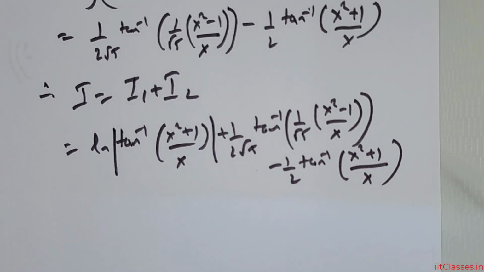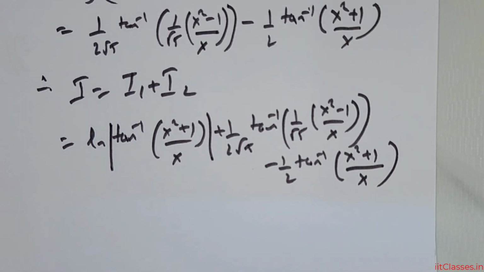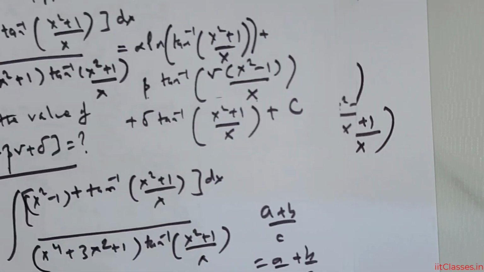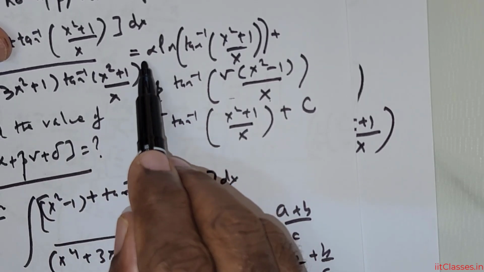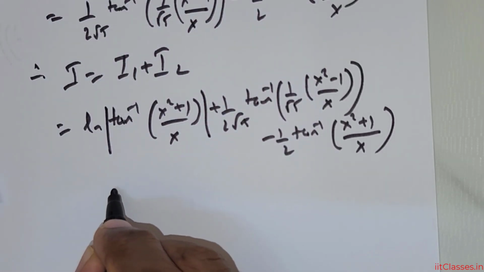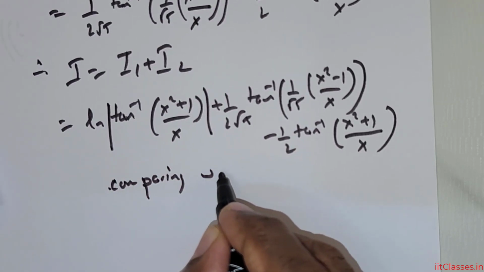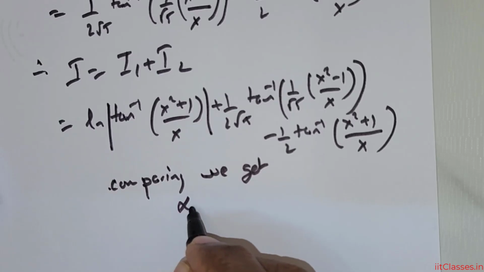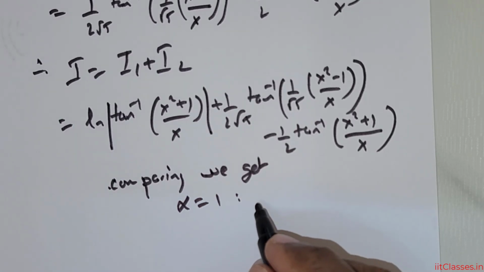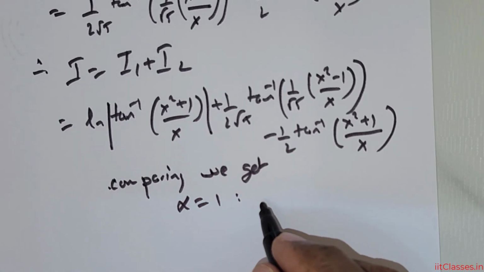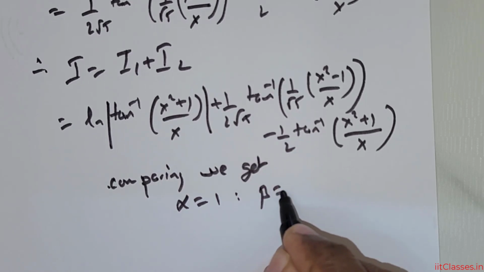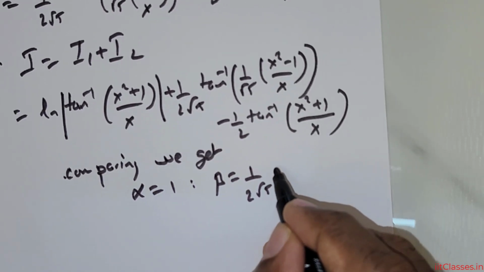Now we need to go back and compare it to the question. See, what is the question here? We need an alpha here. So what is alpha? Comparing, we get alpha to be equal to 1. Now beta, we already got the value of beta. Beta is 1 over 2 times root 5.